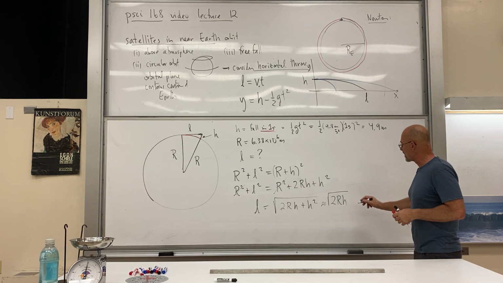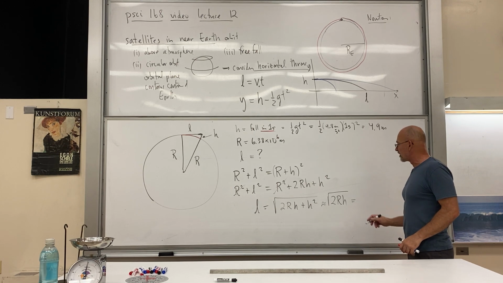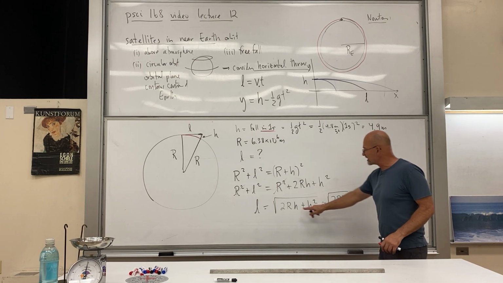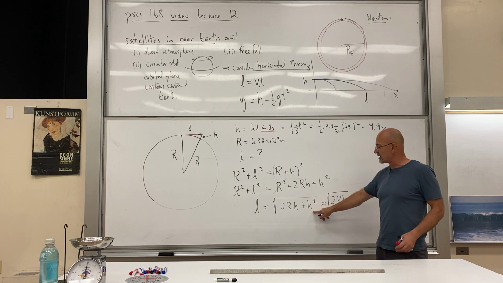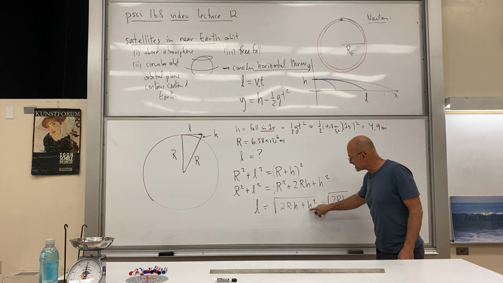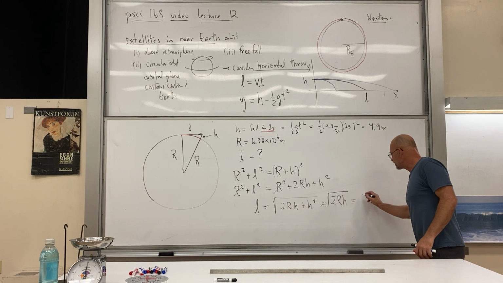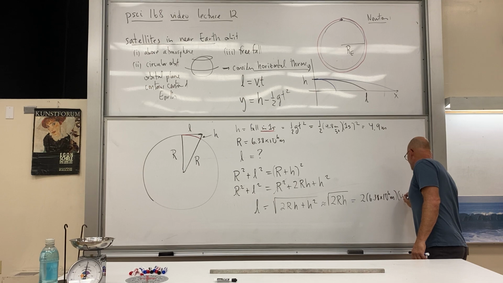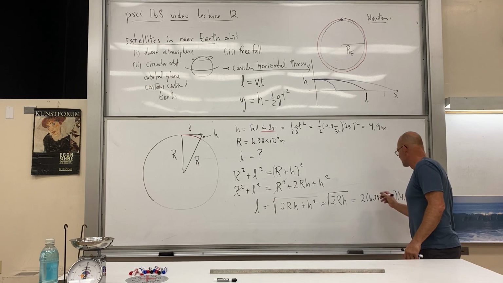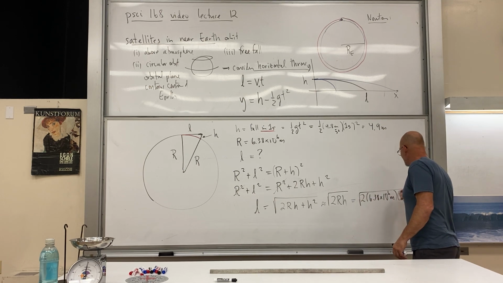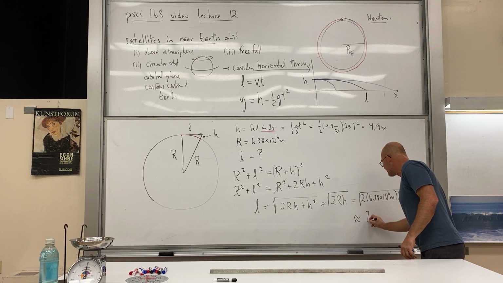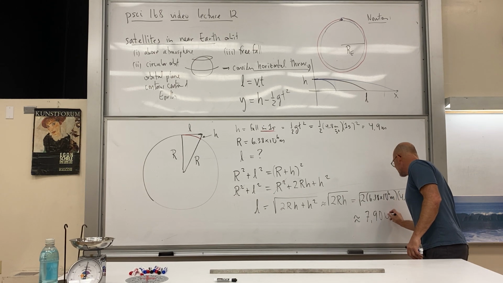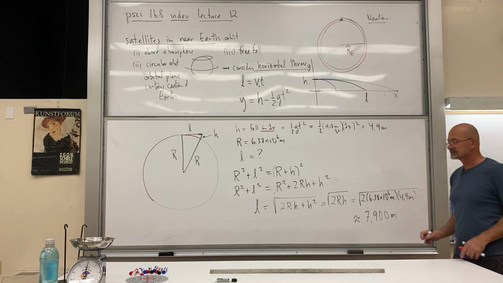Okay, so 2RH. If you plugged everything in here, you discovered some very tiny numbers, but 2 times 6.38 times 10 to the 6 meters times 4.9 meters, you take the square root of that, and you approximately get 7,900 meters.